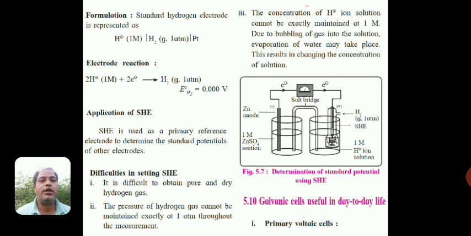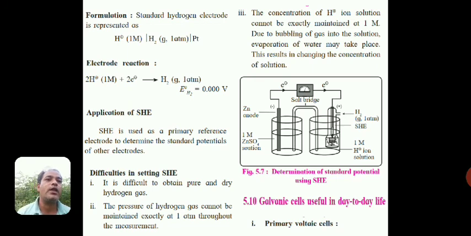The second one: the pressure of hydrogen gas cannot be maintained exactly at 1 atmosphere throughout the measurement. We know that there are conditions for the standard state: there should be 1 atmospheric pressure, 1 molar concentration, and a temperature of 25 degrees Celsius. So it is very difficult to maintain the pressure of 1 atmosphere throughout the measurement. These are the main difficulties.